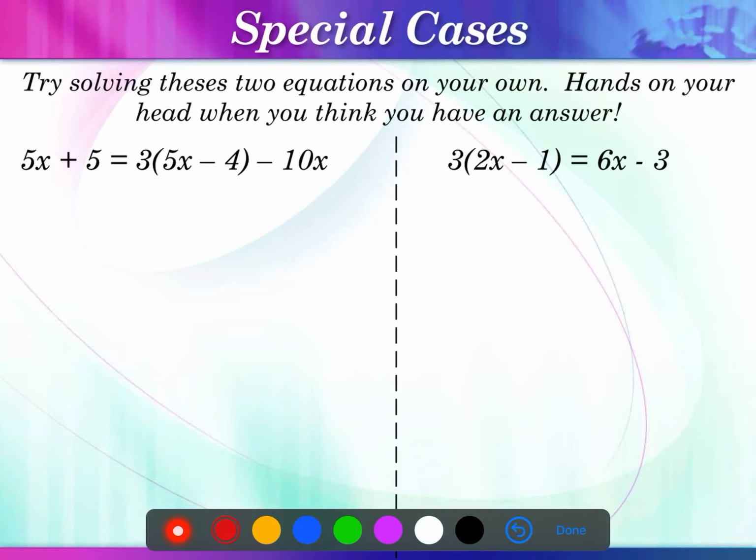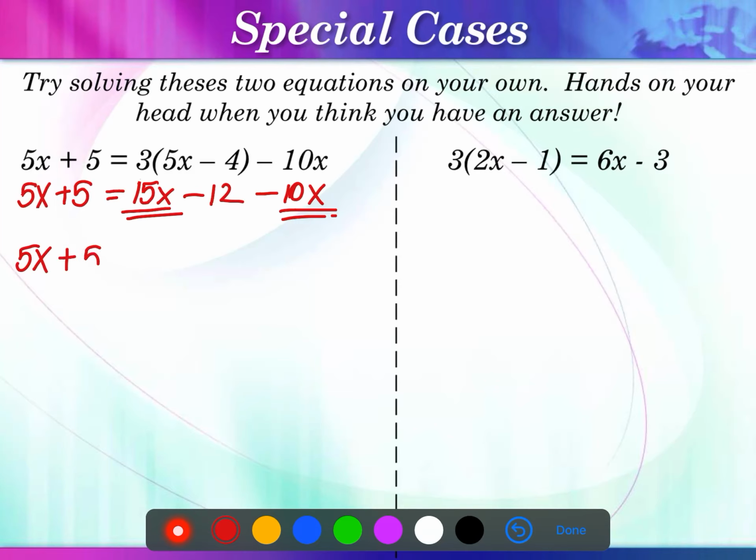All right, last thing we have up for today is our special cases. Okay, so I have two different scenarios here. I'm going to begin solving, just like we have this whole time. So I'm distributing, combining my like terms. Okay, and now I have a variable on both sides.